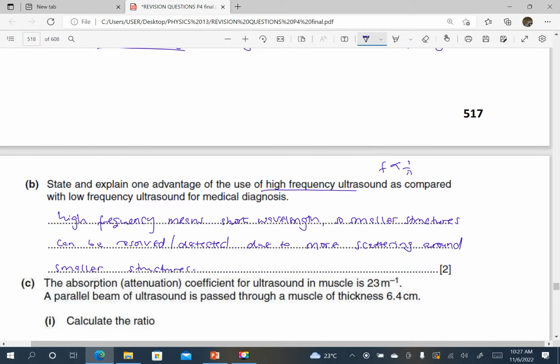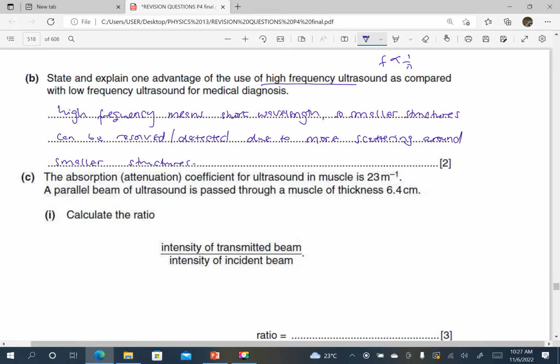Whenever the wavelength is shorter, there will be more scattering, and we are interested in ultrasound being reflected from all parts around. So if there is more scattering around smaller structures, then they can easily be detected with a high resolution.